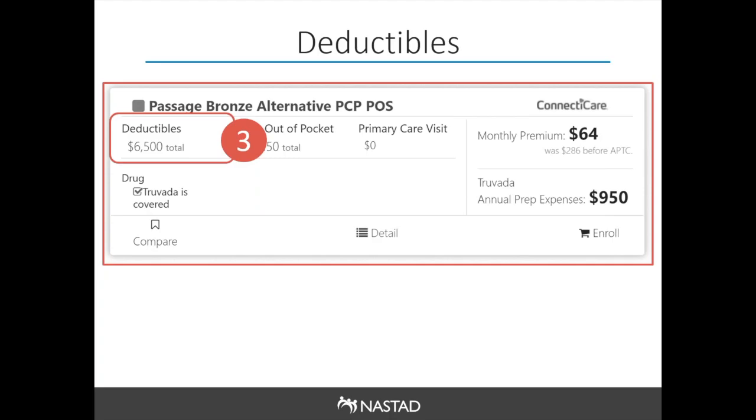Anyway, so many plans have a deductible. It's an amount that you have to pay for services before your insurance plan starts to pick up some or all of the cost. In this way, it's similar to a car insurance deductible. So before the deductible is met, a patient will pay the full negotiated rate for their services.